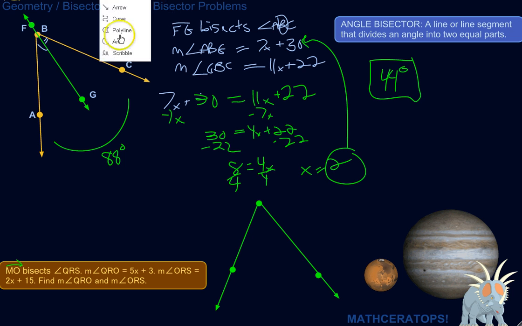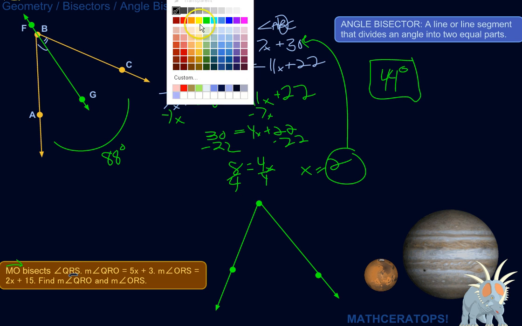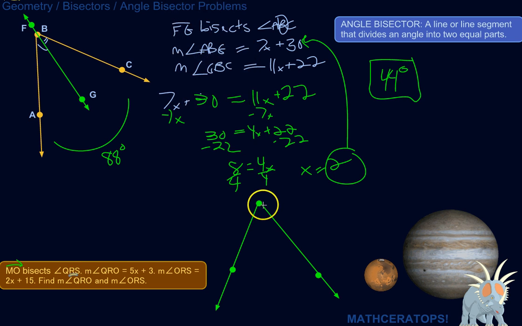So I've got the angle QRS. The middle point is the vertex, so this I know is R. Let's call that Q. Let's call that S.